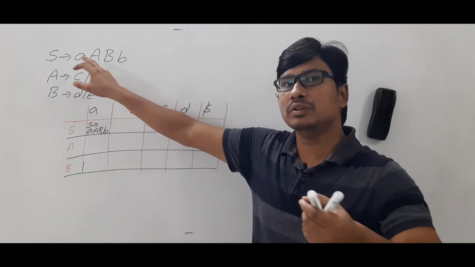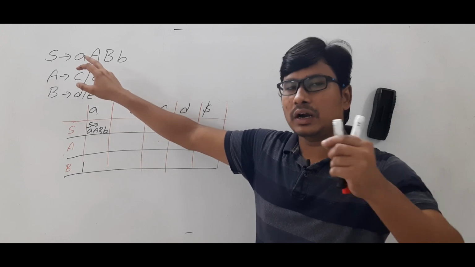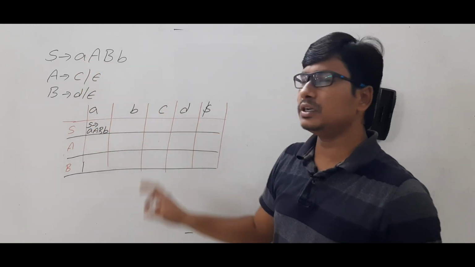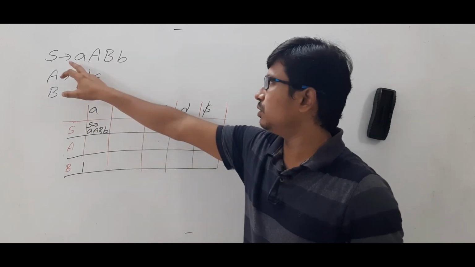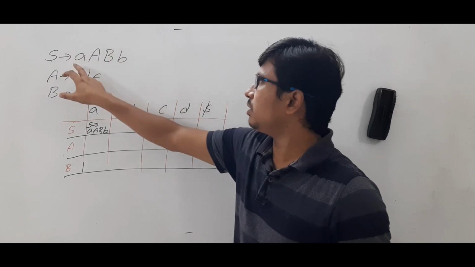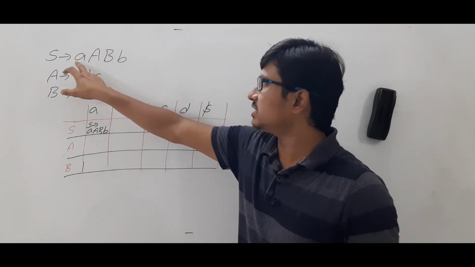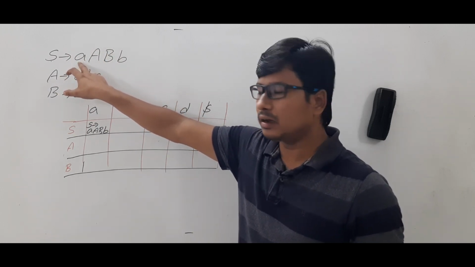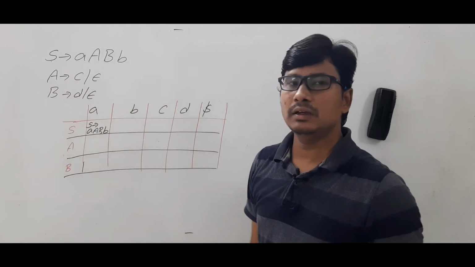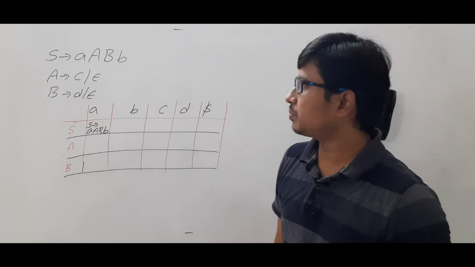You need to compute the first of alpha, and whatever terminals are there in the first of alpha, there you need to keep the production. The entire first will be this one only, because it starts with this one. Am I right or wrong? So first of A is a only, and in the S and a location I have kept the production.